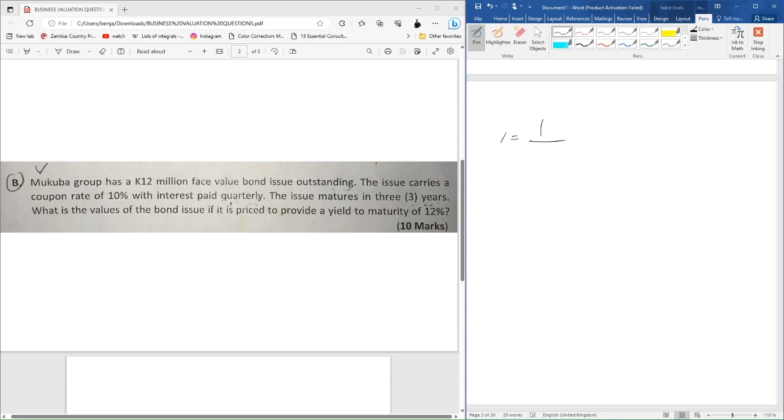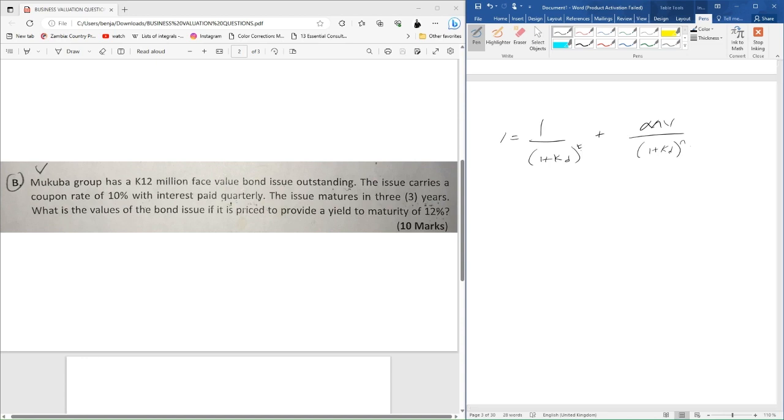Our I over 1 plus KD to the power T, plus MV divided by 1 plus KD to the power N. We're using T here and N there, but they are just one and the same thing.